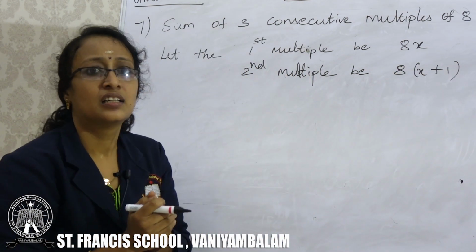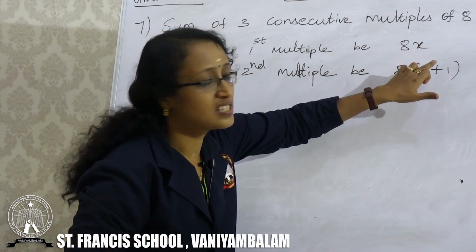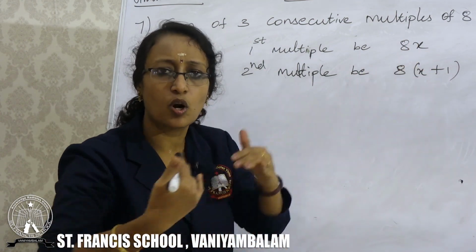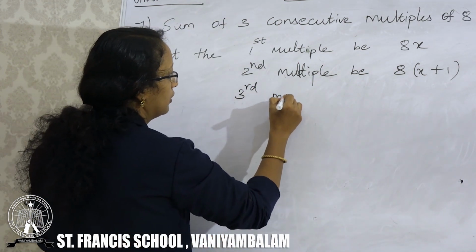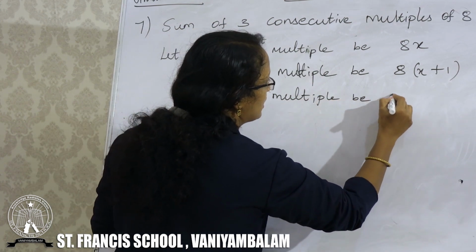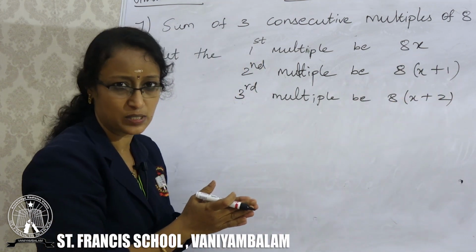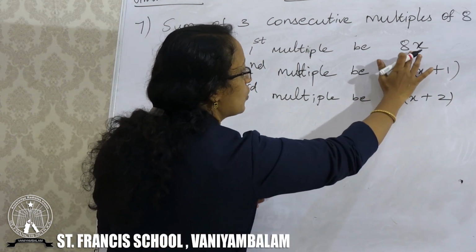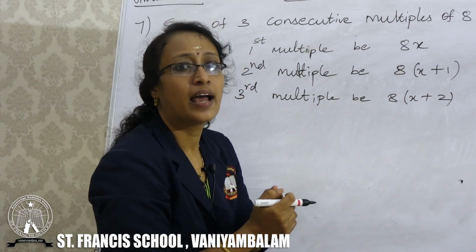You know that they are consecutive multiples, so if one is x, the second one is x plus 1. Then what will be the third one? The third one is 8 into x plus 2, because if you add 1 to x plus 1, you get x plus 2. So 8x, 8 into x plus 1, and next is 8 into x plus 2.